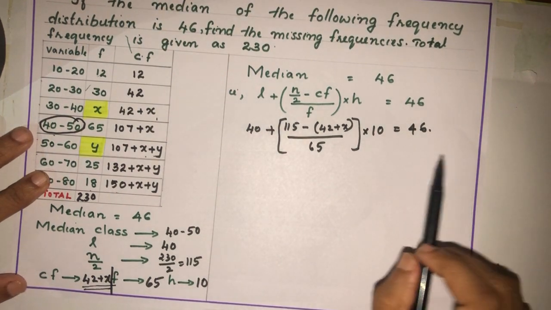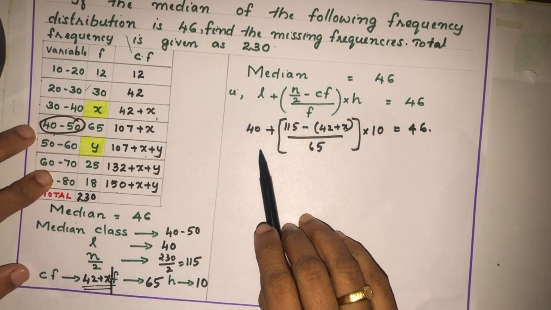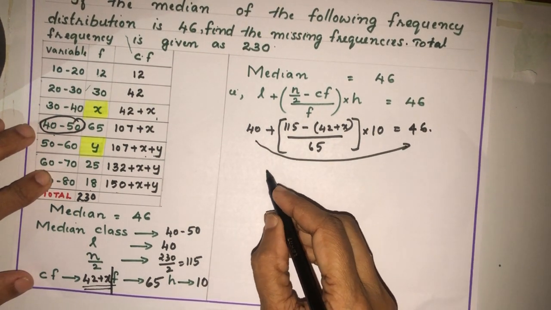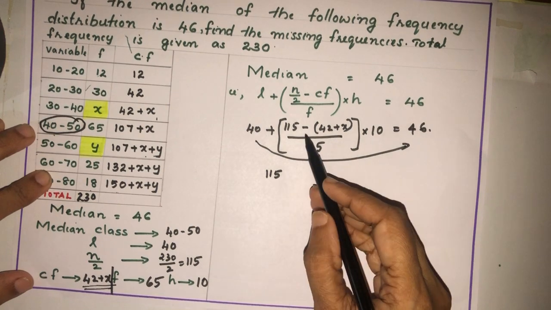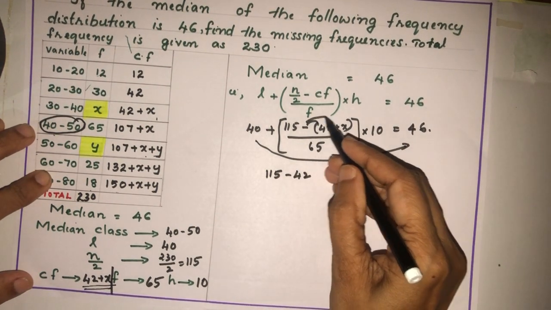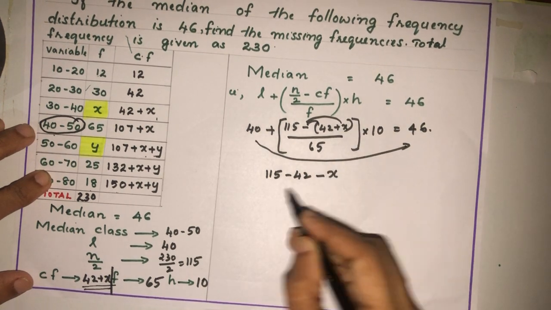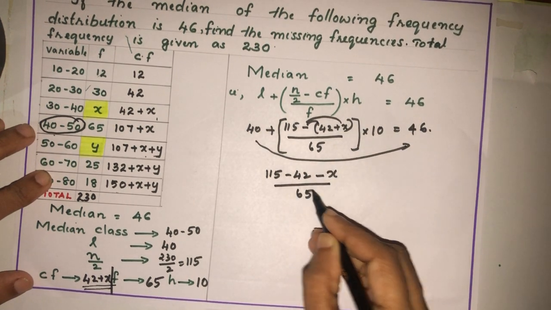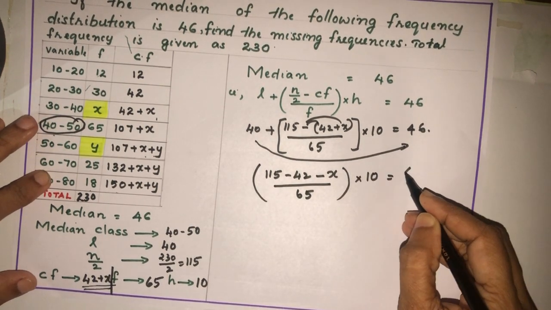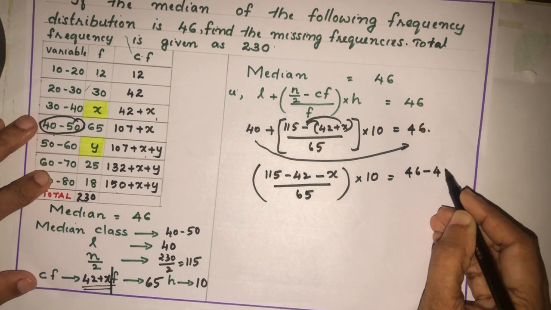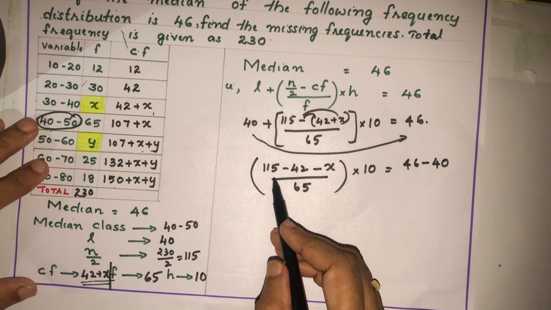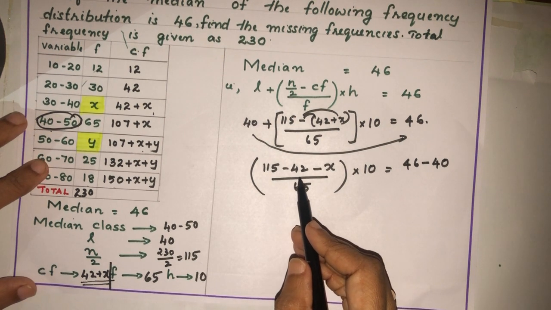Now simplification just like the last question. 40 we have to take to other side. Here 115, we have to open the bracket, so minus 42 minus x by 65 multiplied by 10 equal to 46 minus 40. Okay children. Now 115 minus 42.